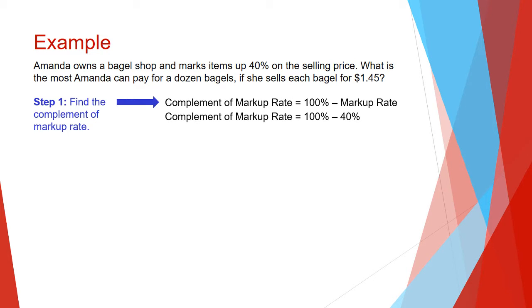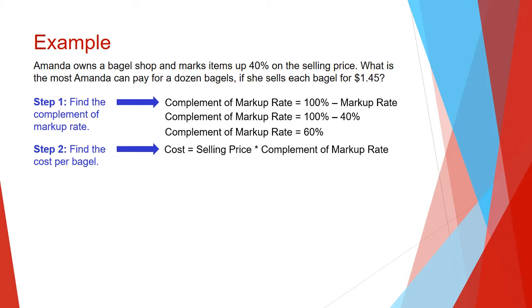That's going to be 60% in this example, 100 minus 40. Now that we have that, we can find the cost per bagel. Selling price times complement of markup, that's $1.45 times 60%, so 87 cents. So that means Amanda has to find a place that sells a bagel for 87 cents, for example.